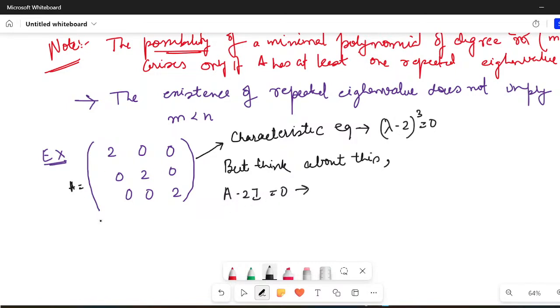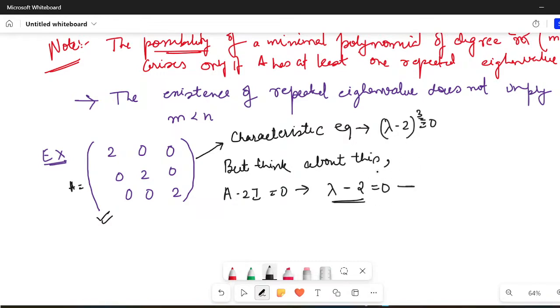It implies that this particular matrix A also satisfies this equation. Clearly the degree is lesser than the characteristic equation.